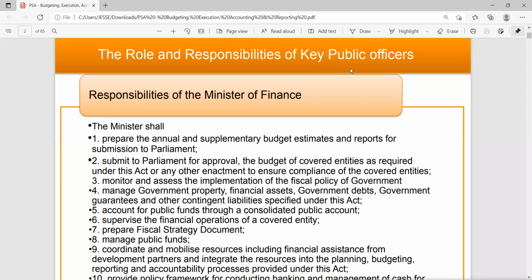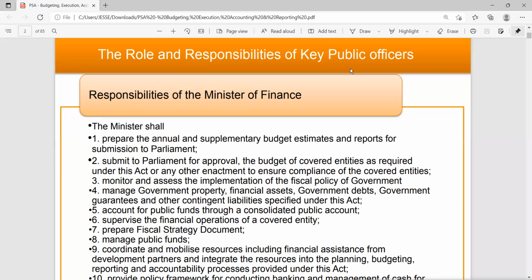He or she will also be responsible for managing government property and anything relating to financial assets, government debts, any guarantees, contingent liabilities, etc. For those who are doing accounting, a contingent liability is any liability that is essentially contingent on something happening, right?